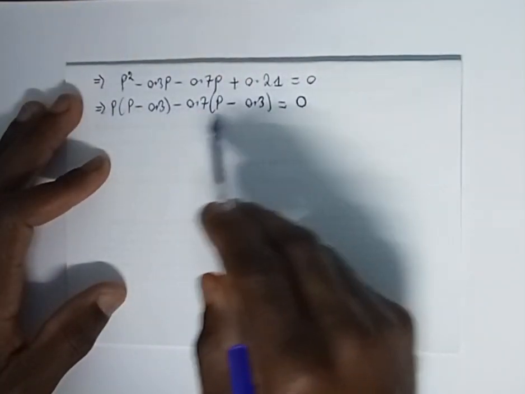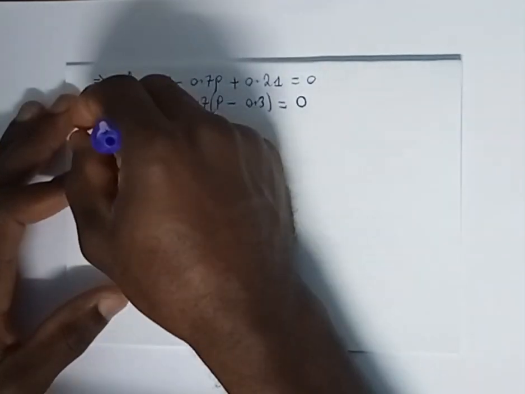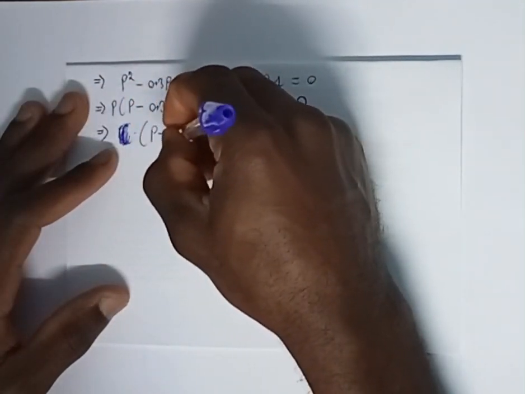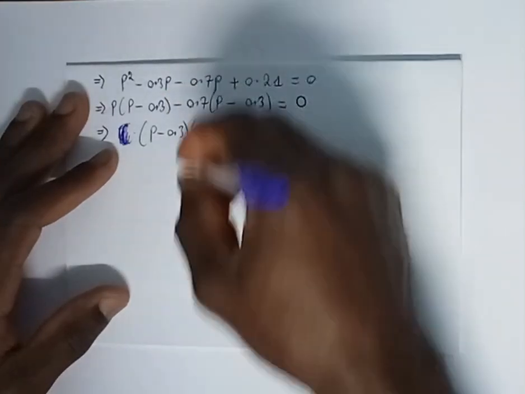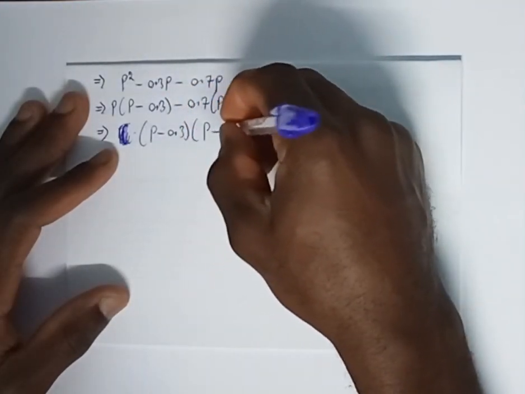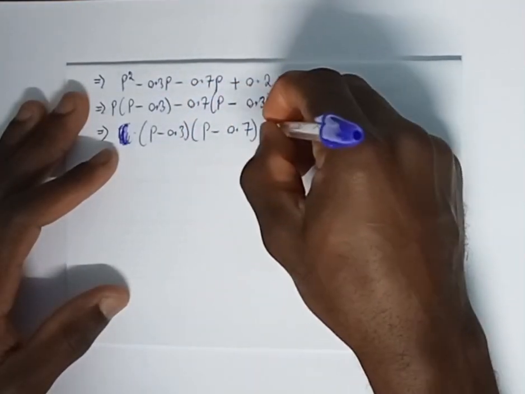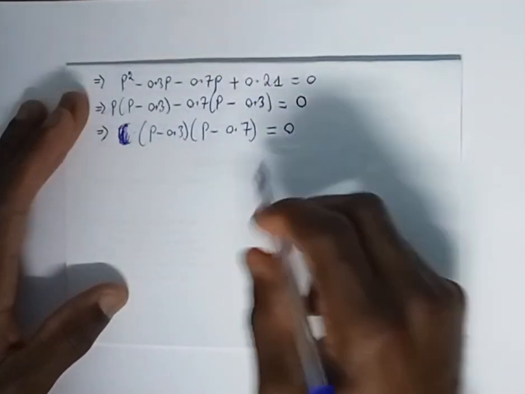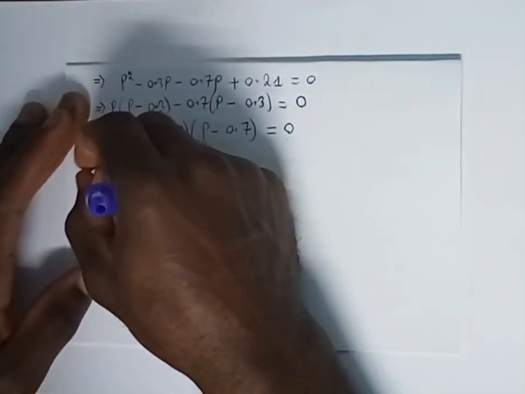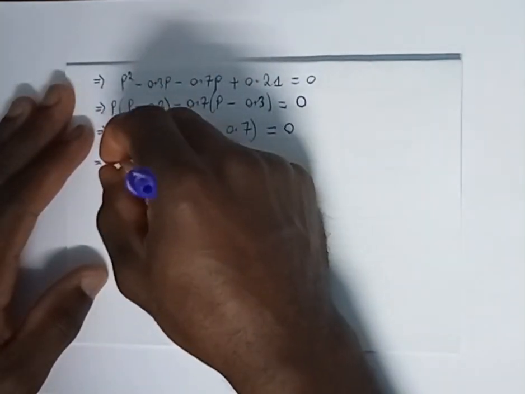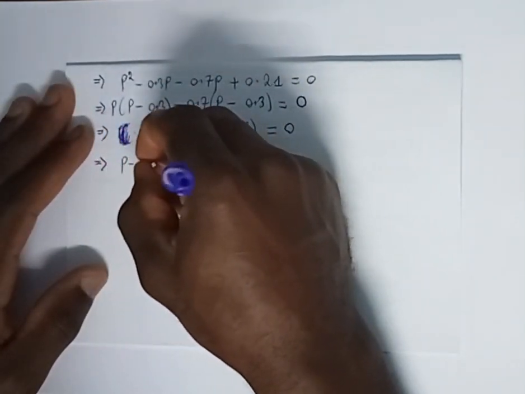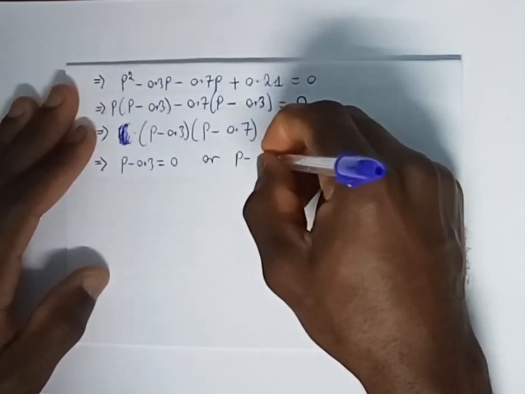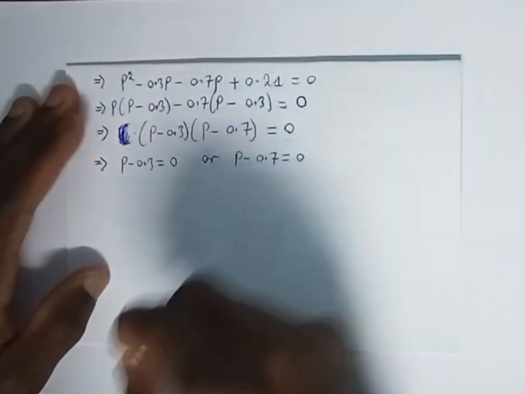We have two terms. The common factor is P minus 0.3. We factor it out: P minus 0.3 times P minus 0.7. All this will be equal to 0. For this product to be equal to 0, then either P minus 0.3 is equal to 0 or P minus 0.7 is equal to 0.